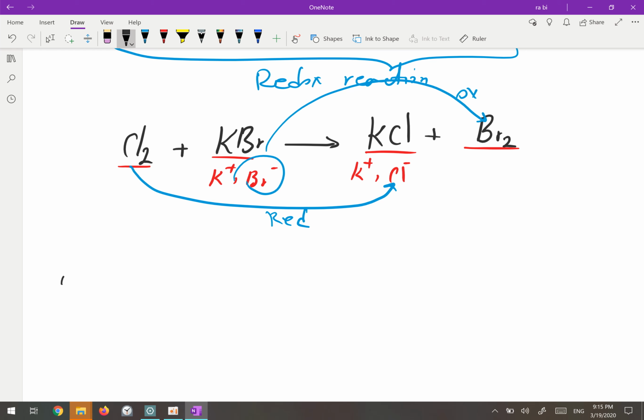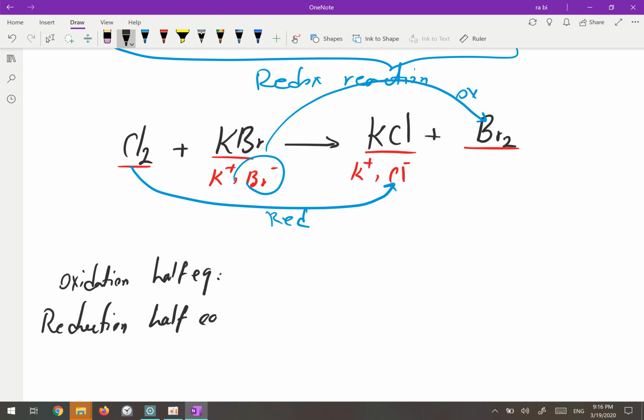So here I write oxidation half equation, and reduction half equation. In the oxidation half equation, Br minus is converted to Br2. And in the reduction half equation, Cl2 is converted to Cl minus.